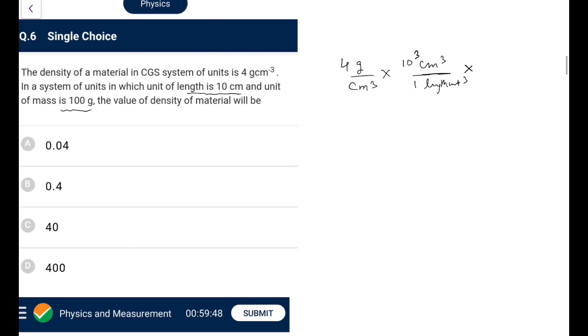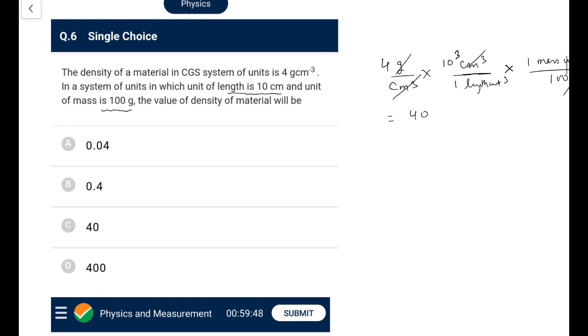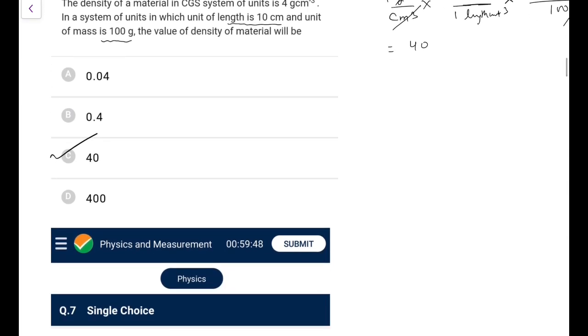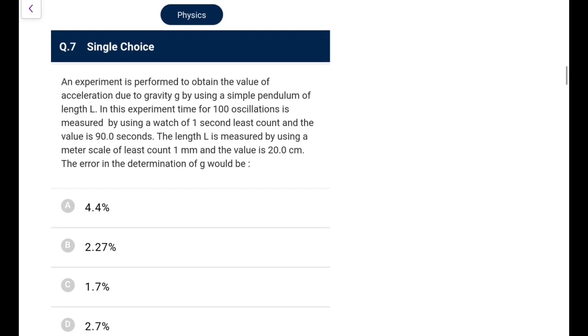Mass is 100 grams, so one mass unit would be equal to 100 grams. Cancelling this, you would be left with 40 times that mass unit upon that length cube. Go for option C in this case. I've just used the factor label method that you usually use in chemistry.